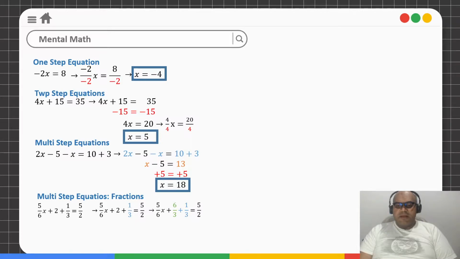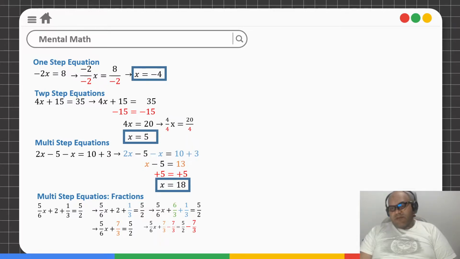As you remember, we make 2 become 6/3. It's the same thing as 2. And we add 6/3 plus 1/3, we get 7/3. And right now, what is the math operation next to the variable? It is adding 7/3. We move it by the opposite, subtracting 7/3 on both sides of the equation.